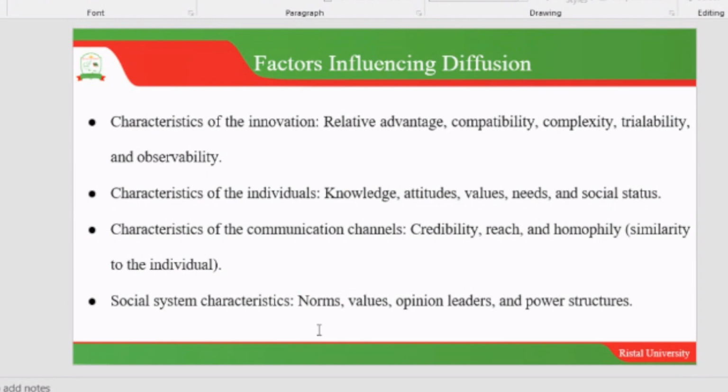Then we also have social system characteristics, like I said earlier. Societies have different norms, different values, opinion leaders, power structures. Okay. So you have to take care of all these factors if you are bringing in an innovation and you need it to be adopted.